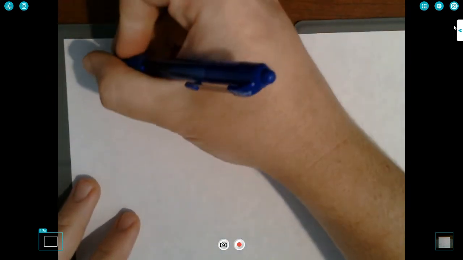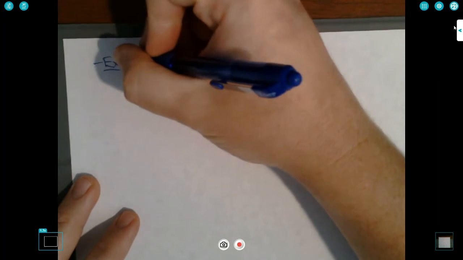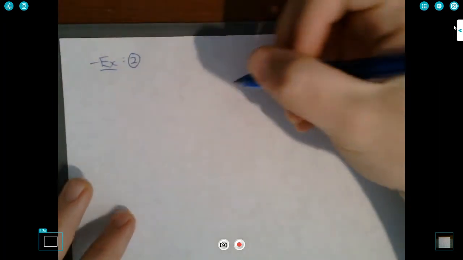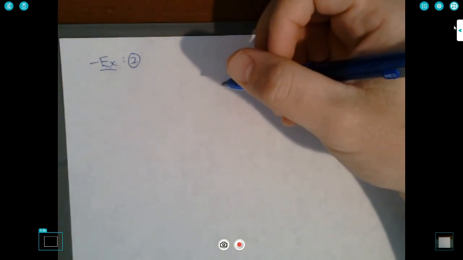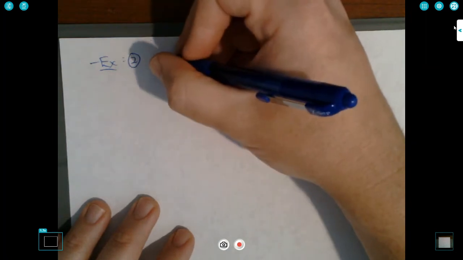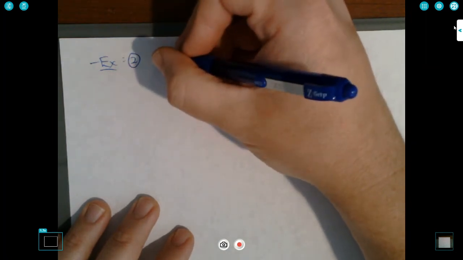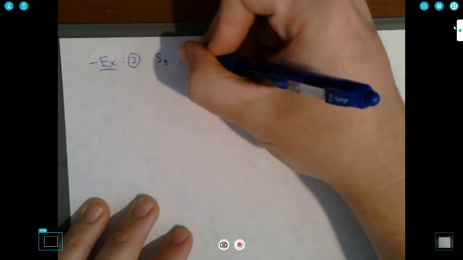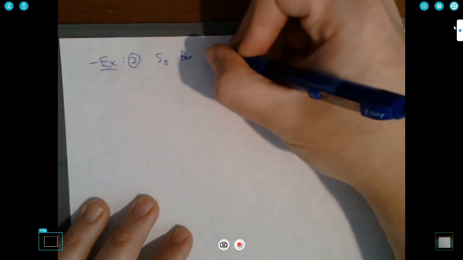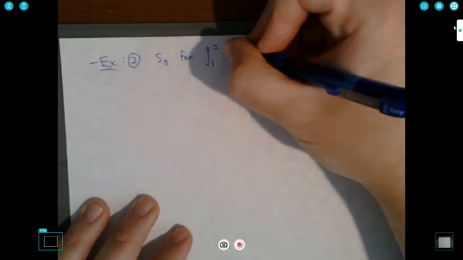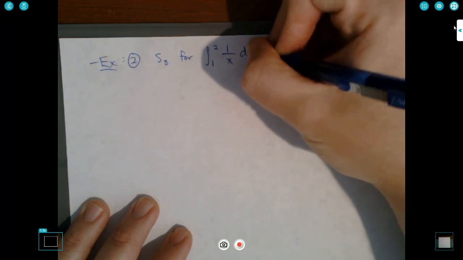Same function. Same function. Let me grab a fresh sheet of paper. Okay, so we want to calculate S8 for the integral from 1 to 2 of 1 over x dx.